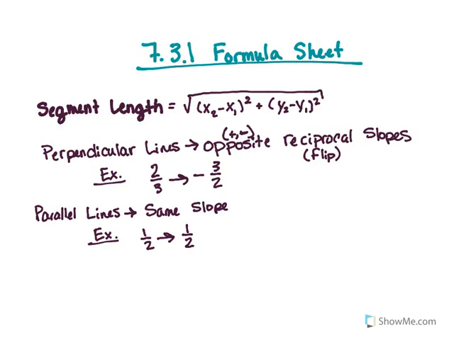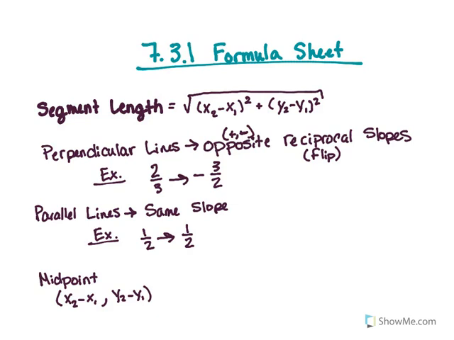Okay, there's a few equations that you're going to have to know for your quiz. These are all things that you guys have done in algebra, but you might not remember them. So if you need to find the midpoint formula, that is just x1 plus x2 over 2, and then your y coordinate is y1 plus y2 over 2. That should be review.